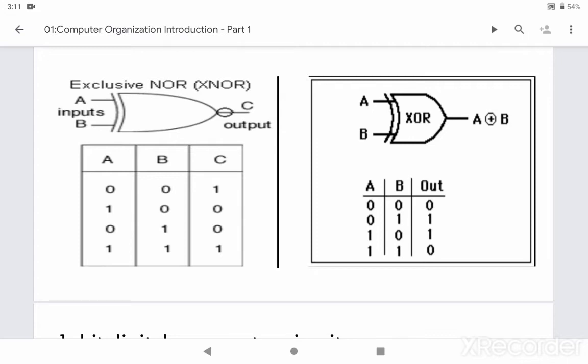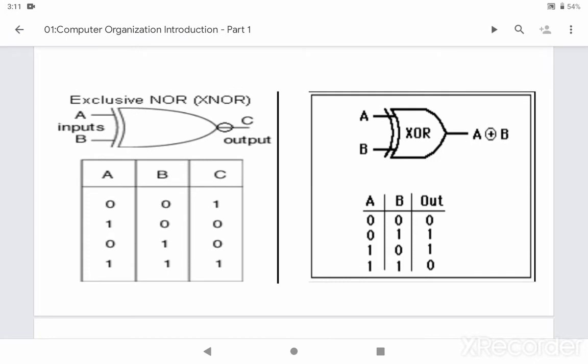Then 0 and 1, A XOR B gives 1, because the two values are unequal. Then 1 and 0, again I get 1 because they are unequal. Again I pass 1 and 1, then I get 0, because both inputs are equal. So XNOR and XOR are just opposite.